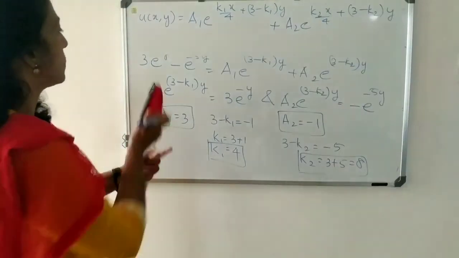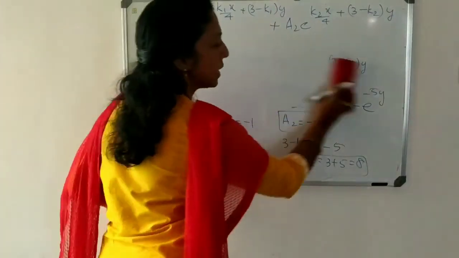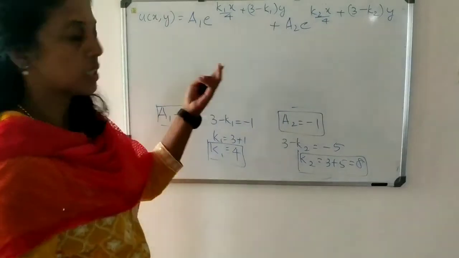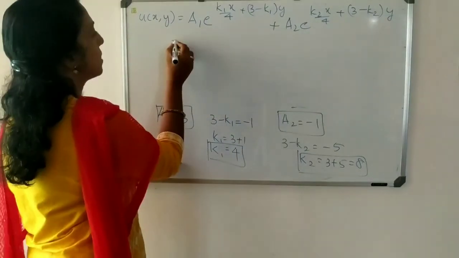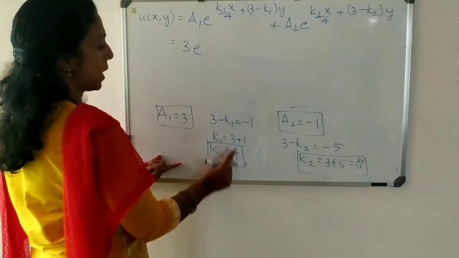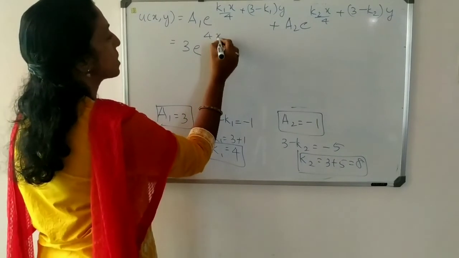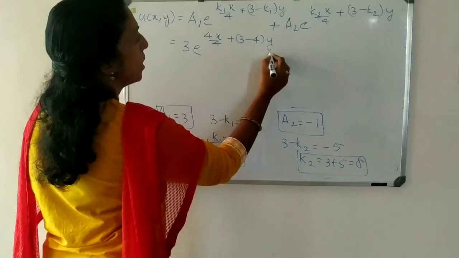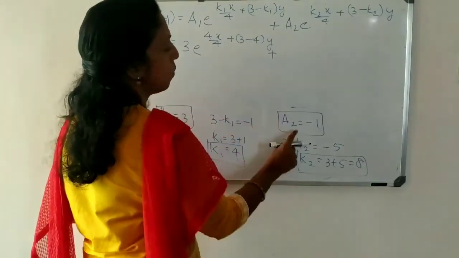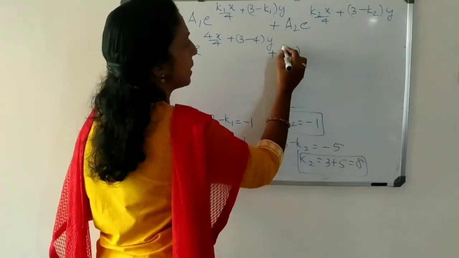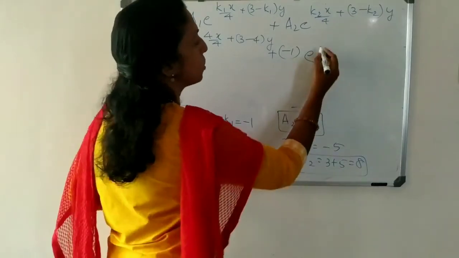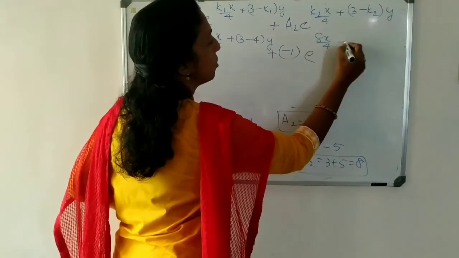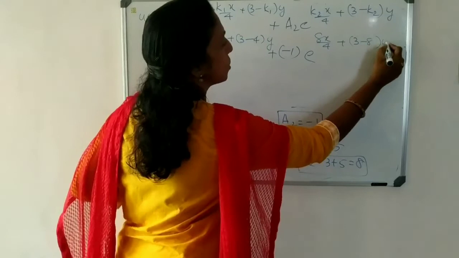Now substitute the values of a1, a2, k1 and k2 here. So this is 3 e raised to 4x by 4 plus 3 minus 4 into y, plus minus 1 into e raised to 8x by 4 plus 3 minus 8 into y.